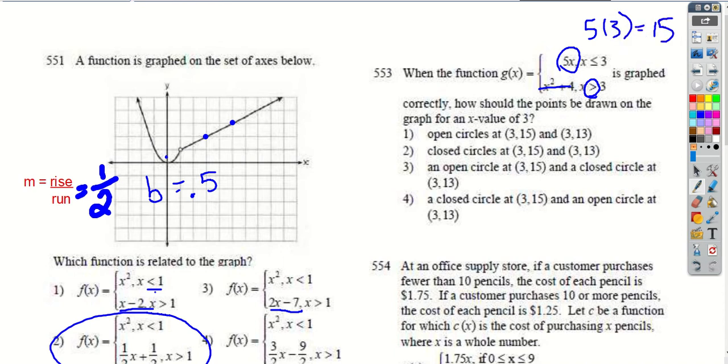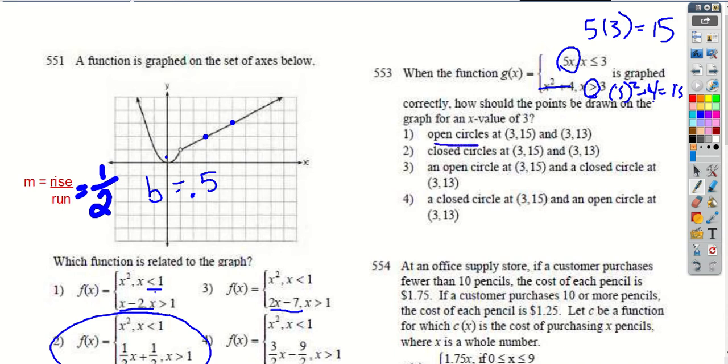So the point is the x-coordinate is 3, and the y-coordinate is 15. Now if you plug 3 into x squared plus 4, 3 squared plus 4 is 9 plus 4, which is 13. And so there should be an open circle here, but a closed circle at the point (3, 15).